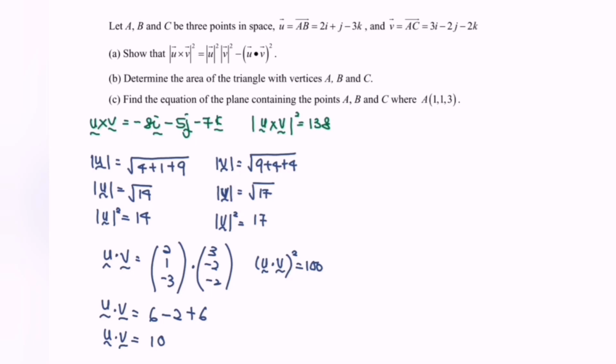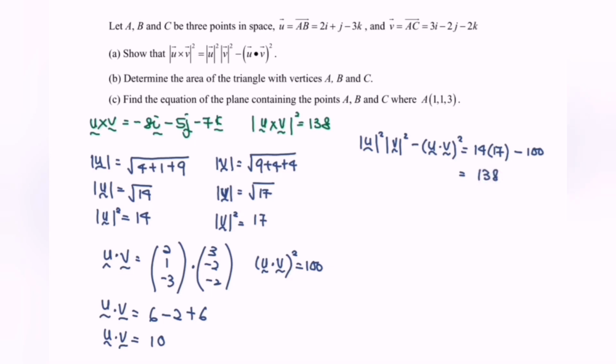The question mentions that the magnitude for u squared multiplied with the magnitude for v squared minus u dot with the v squared, where we have 14 multiplied with 17 minus 100, and we will have 138.